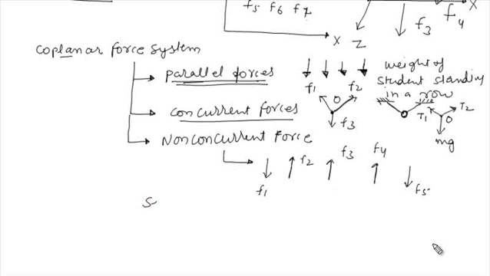A very good example is the seesaw. In a seesaw, two persons sit like that and there is a hinge. If we take the weights of these persons and the hinge reaction, then all three forces are in a single plane, but the lines of action do not pass through the same point. That's why they are called coplanar non-concurrent forces.